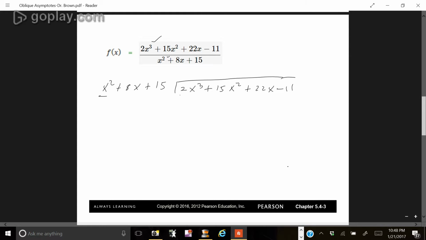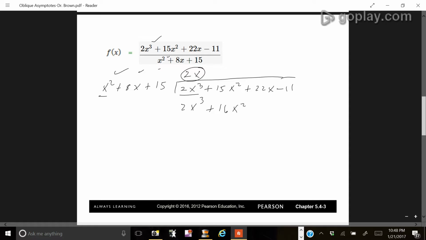x squared into 2x cubed gives you 2x. Multiply 2x times all of these terms, and you get 2x cubed plus 16x squared, and 15 times 2x is 30x.